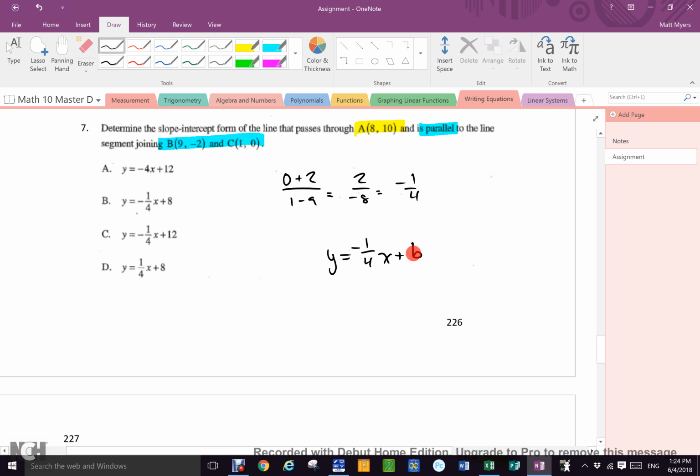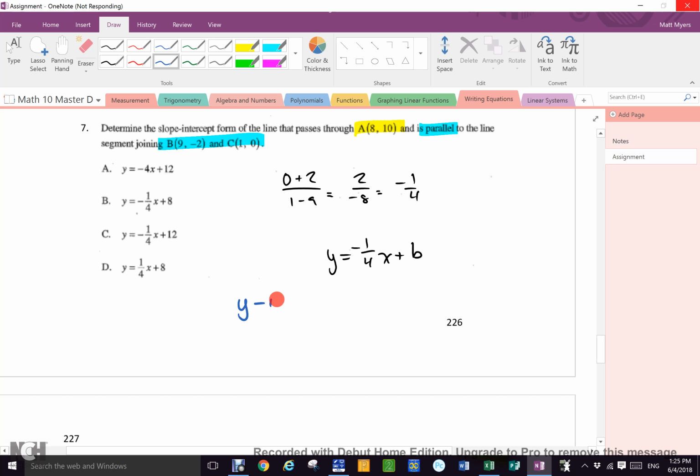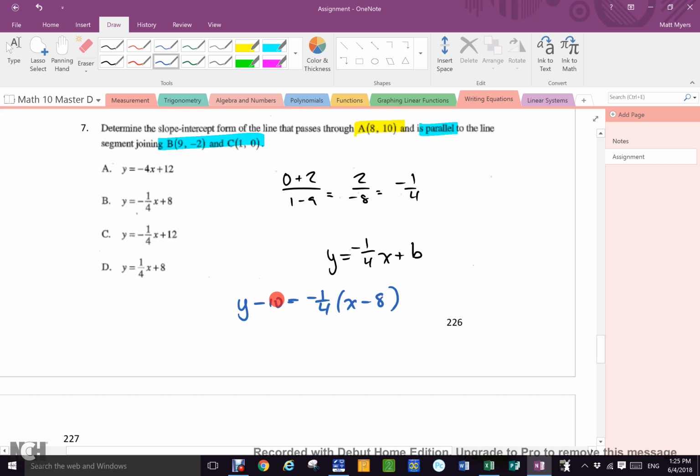Now, you have a choice here. Could you put them in here and find b? Yes. You also could have done y minus 10 equals negative 1/4 x minus 8, and then convert that to slope-intercept form.